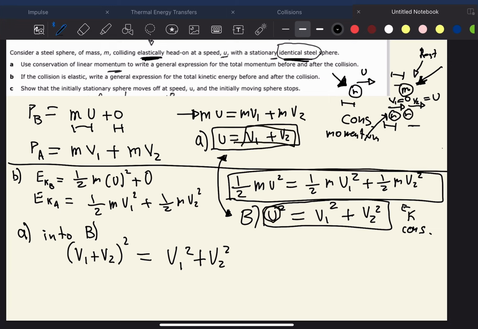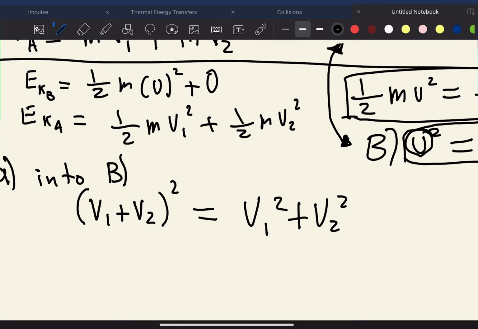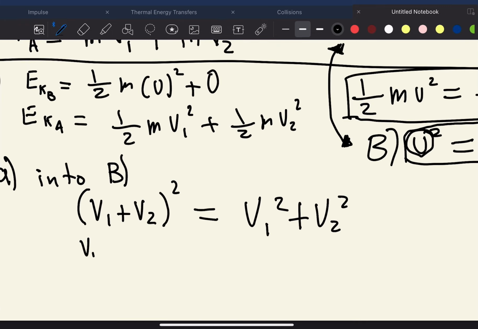I can do that because they both relate to u. Now from this equality, I have to solve for the left side. If I expand that square, it will be v1 squared plus 2 times v1 v2 plus v2 squared, and that has to be the same as v1 squared plus v2 squared.